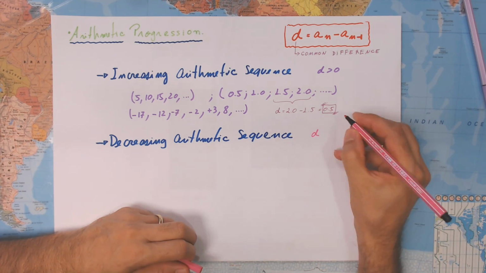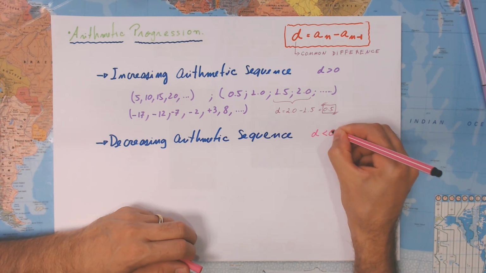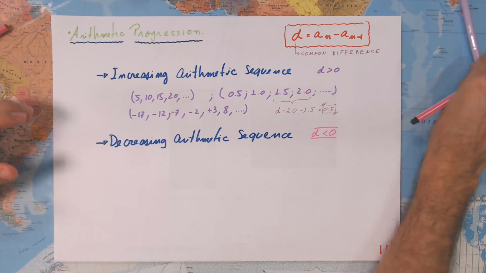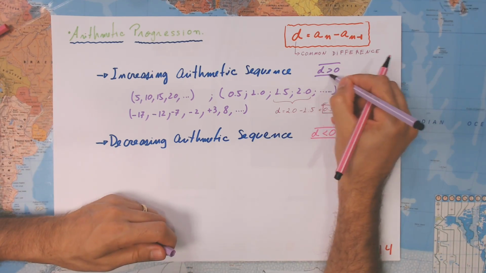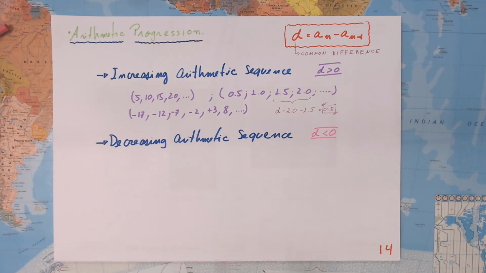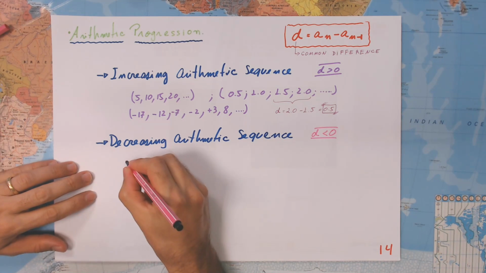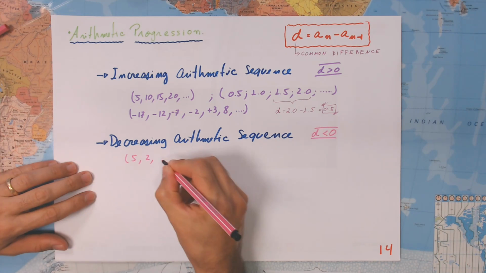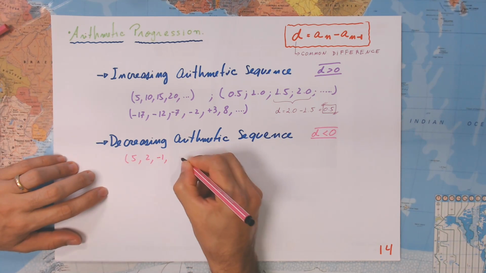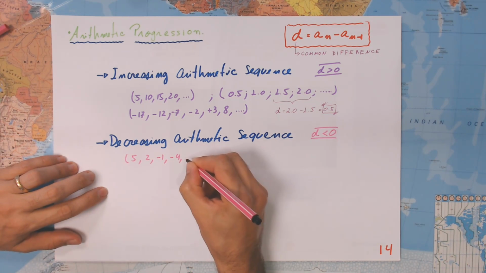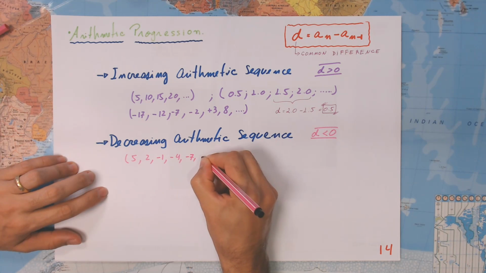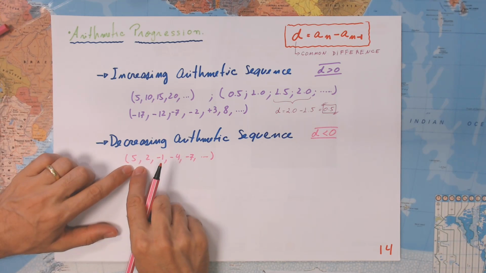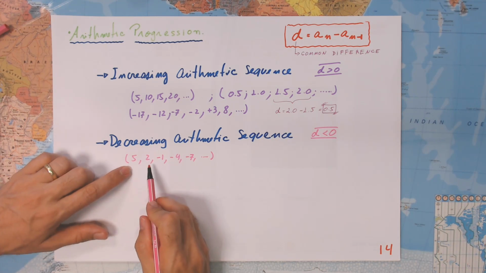D is going to be less than 0. And for that, for instance, 5, 2, minus 1, minus 4, minus 7, and so on. D in here is minus 3. We are always subtracting 3.